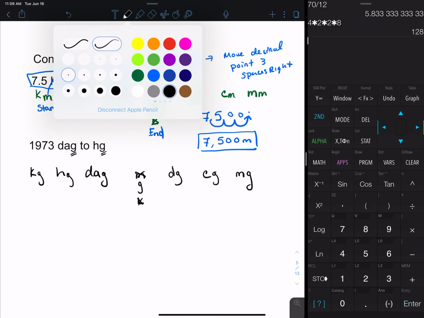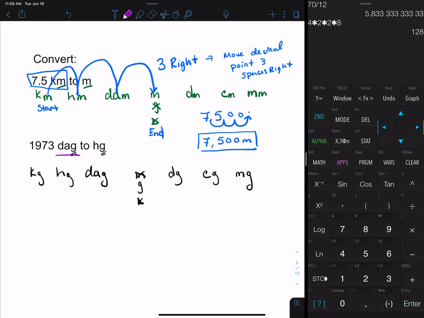They're telling me to start at decagrams and end at hectograms. So I'm going 1 space to the left. So just like before, that's telling me that I need to move the decimal point 1 space left.